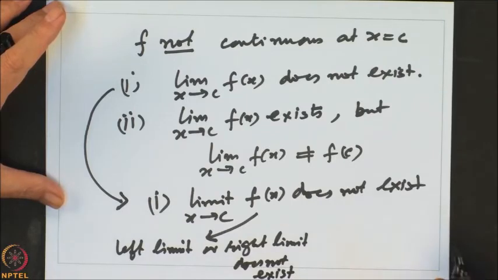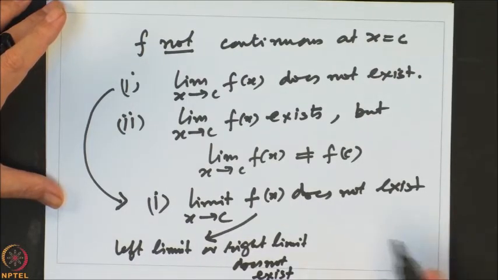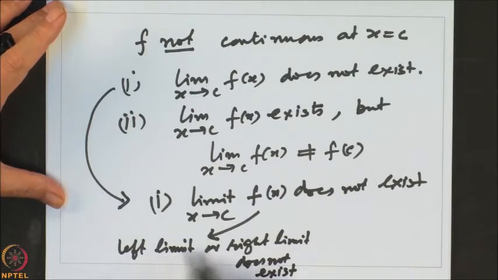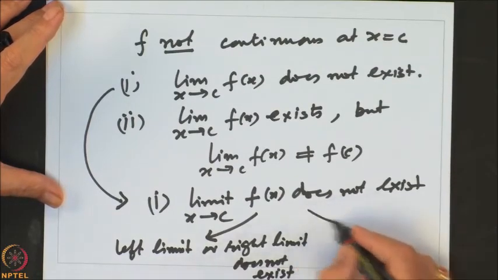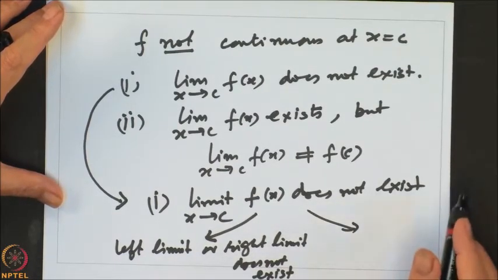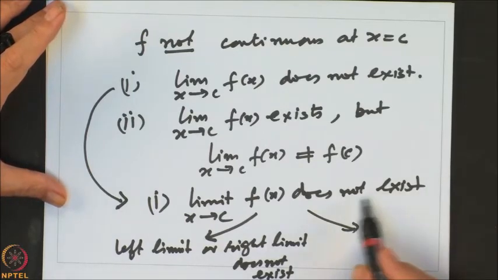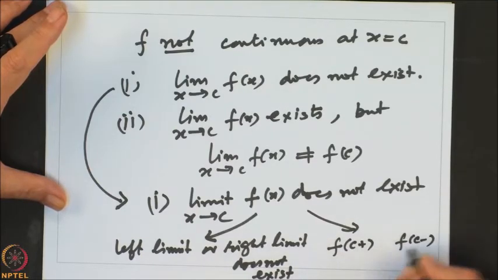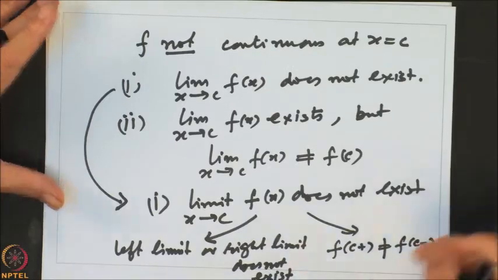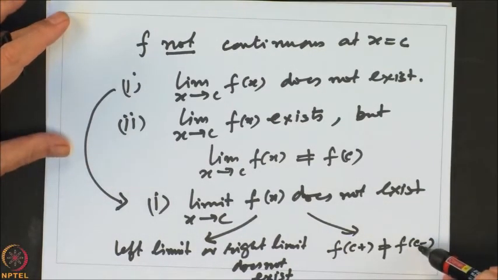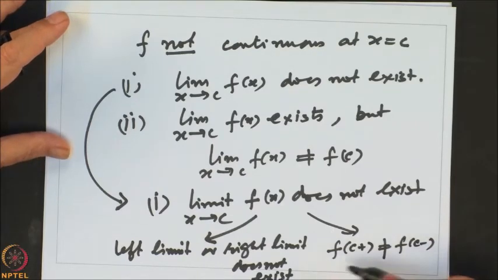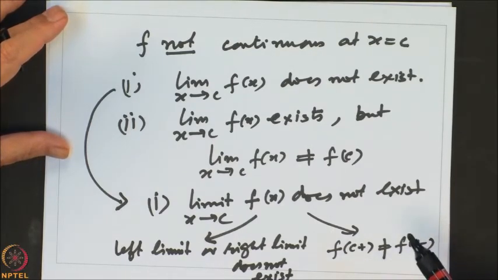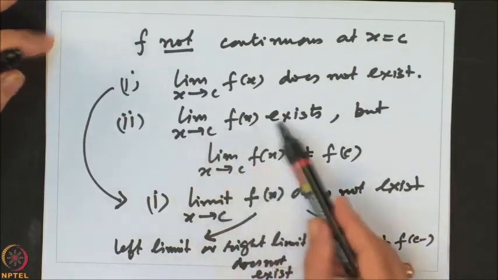So, either the left or the right or both probably do not exist. So, no question of the limit existing; at least one of them should not exist. The other is that both limits exist, so f(c+) exists, f(c-) exists, but they are not equal. The left limit exists, the right limit exists, but they are not equal. Then also the limit will not exist.